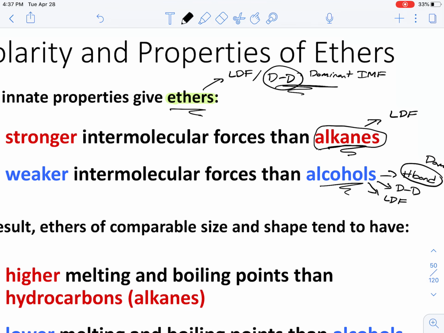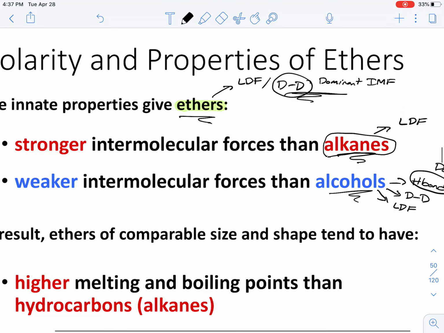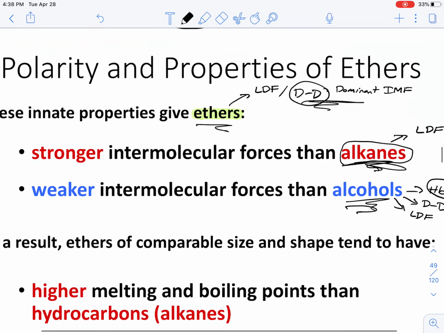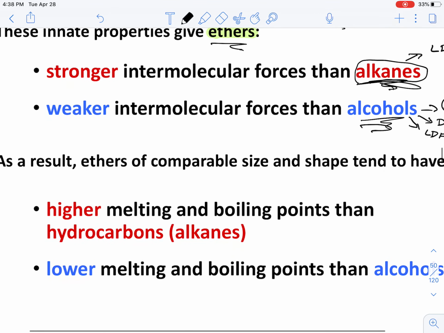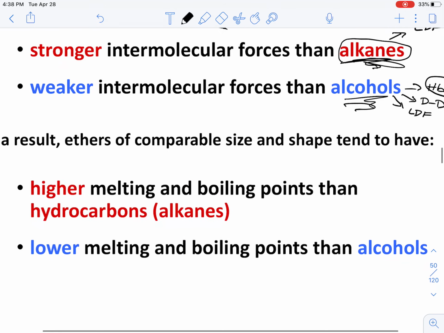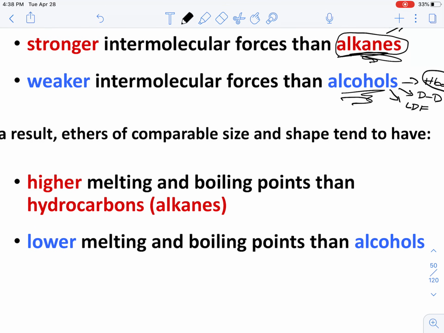Okay. And so based on these three subjects that we're referring to, ethers, alkanes, and alcohols, we can kind of imagine that ethers are kind of like the middle ground. It's going to be found somewhere between alkanes and alcohols.